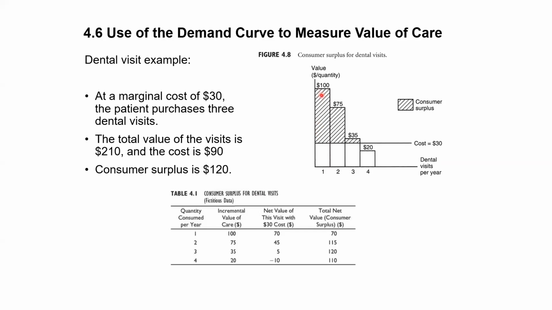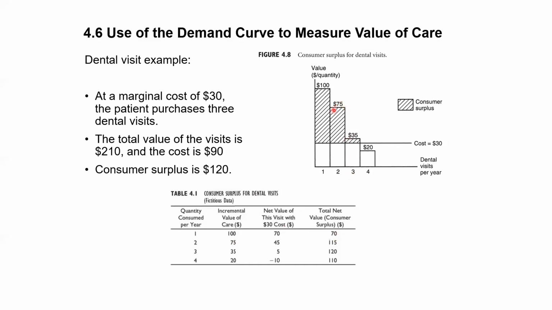Now, if the cost of the visit is $30, therefore the net value for us, the consumer, will be $70, because that's $100 value of care, but we only spent 30, so 100 minus 30. So for the first visit, a total net value will be $70.